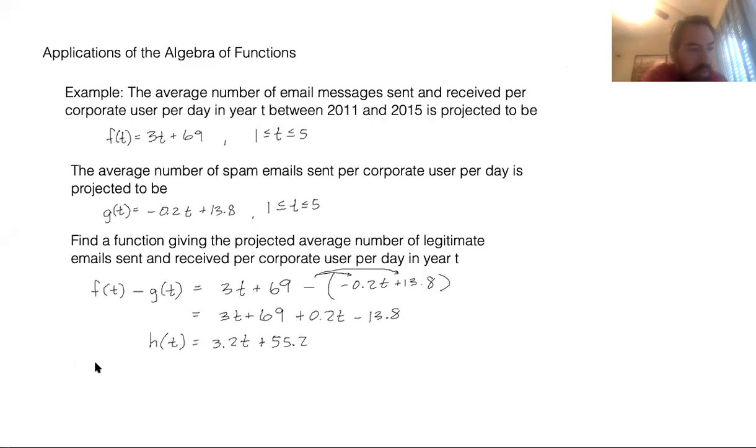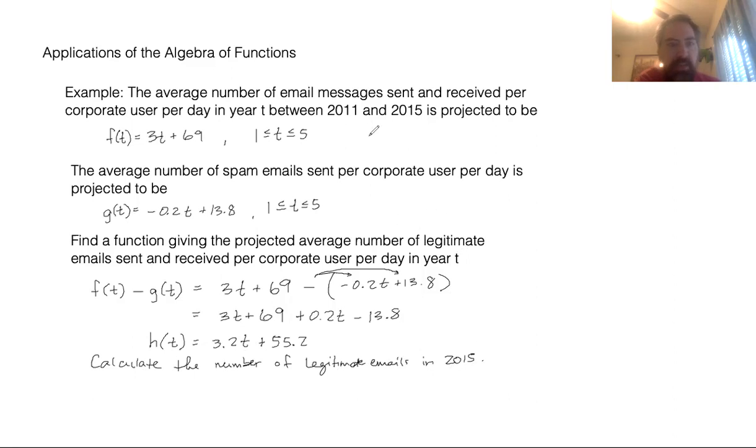So for example, if I wanted to calculate the number of legitimate emails in 2015, then I would find the t corresponding to 2015, plug it into the function, and then evaluate, simplify to find how many legitimate emails I would expect. So I'll take my h of t, and I'll plug in the t that corresponds to the year 2015.